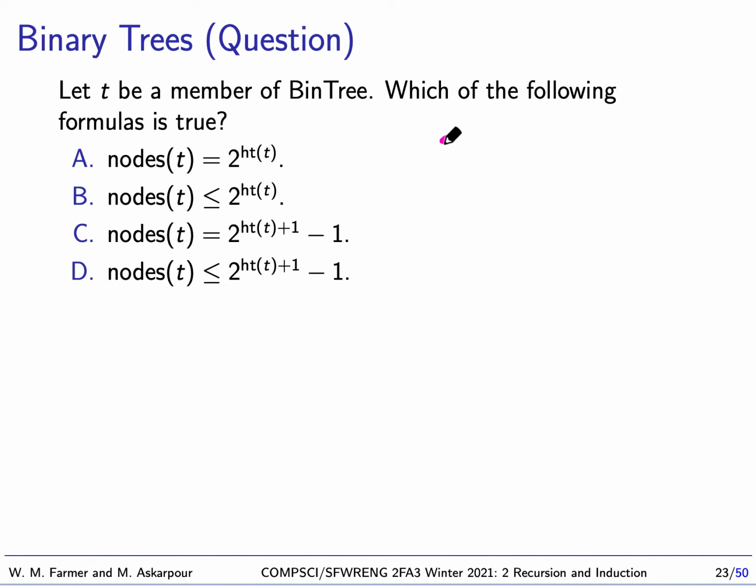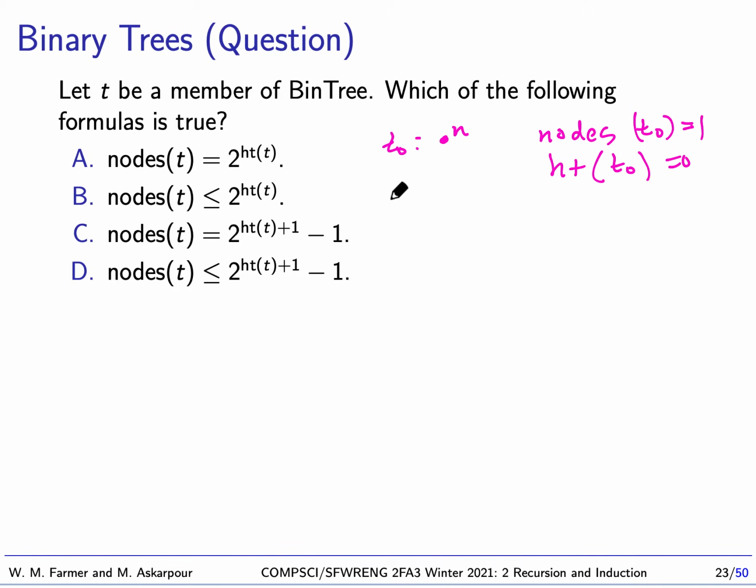Well, let's look at some examples. Let's take this example. Let's call this T0. How many nodes does T0 have? It has 1. And its height, because it's just a leaf node, is 0. So that would say that the number of nodes, 1, equals 2 to the 0, which is 1.